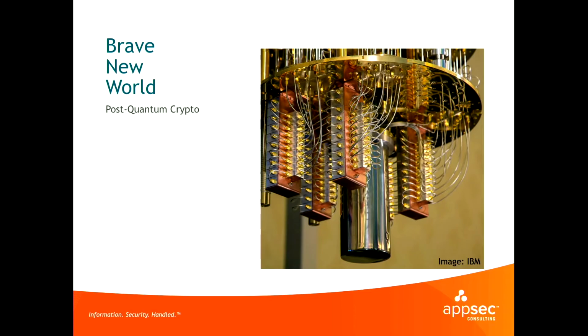The reason that NSA has recommended the move away from AES 128 is this thing. They don't believe that 128-bit keys are going to be secure. The reason that RSA is increasingly being deprecated is this thing.